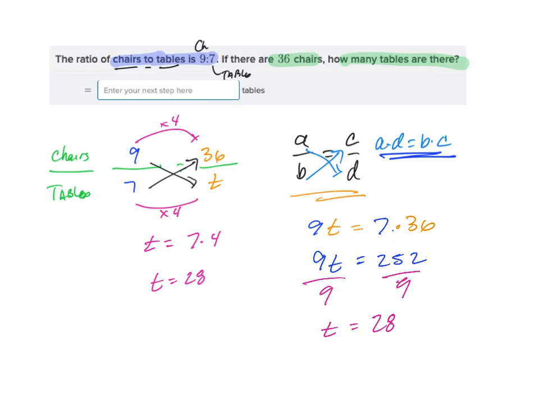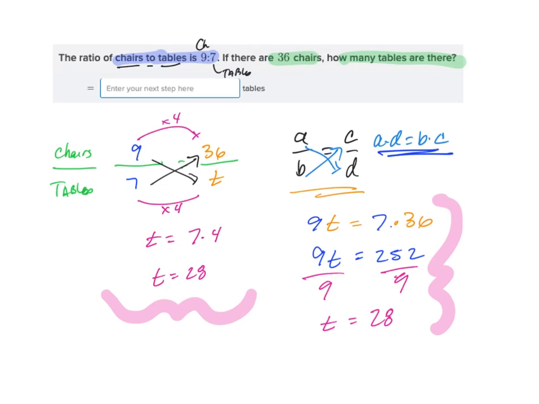So again, the method that we used over here is different than the method I used on the left here, but they're using the same principles. The bottom line is we're saying that two things are proportional. And this was our proportion, and we're going to solve it.